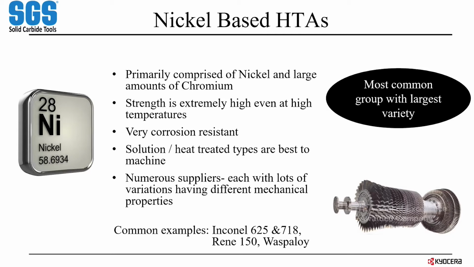There's all sorts of different brand names and different alloys that all have different machining properties because of their mechanical properties. So 625 Inconel and 718 Inconel are some of the things that you'll see most often. You also see Rene 150 or Waspaloy or Hastelloy. There's just, like I said, a really wide group.